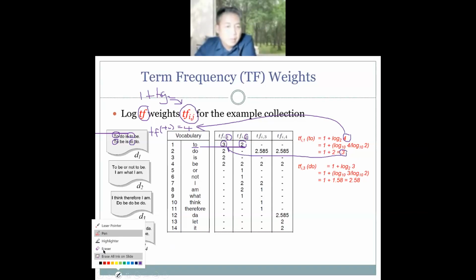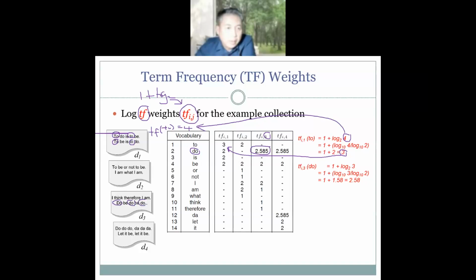Let me erase that. Too many lines. So how do we get this? Basically we are looking for do in document 3. In document 3 we have how many do? 3.